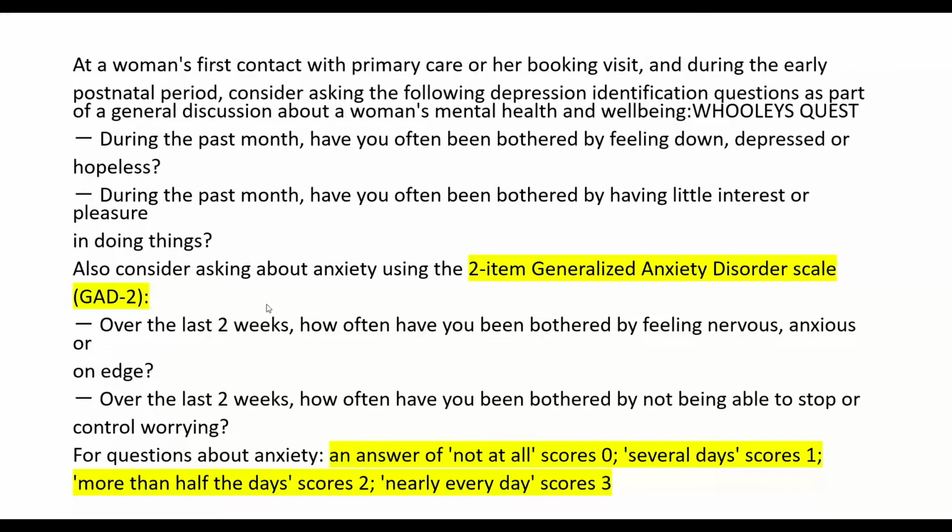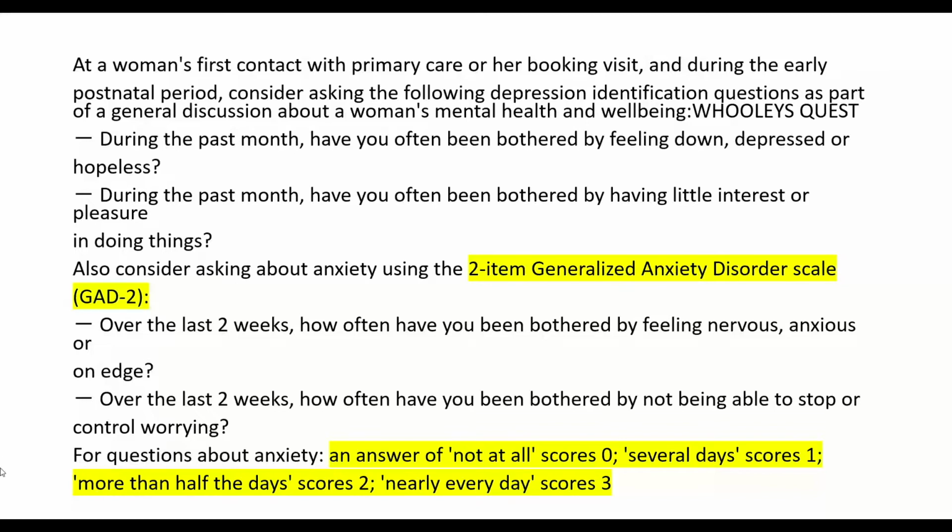To screen for anxiety, the 2-item Generalized Anxiety Disorder scale, that is the GAD-2 scale, has to be asked, and there is a scoring given. Over the last 2 weeks, have you been bothered by feeling nervous, anxious, or on edge? Or by not being able to stop or control worry?